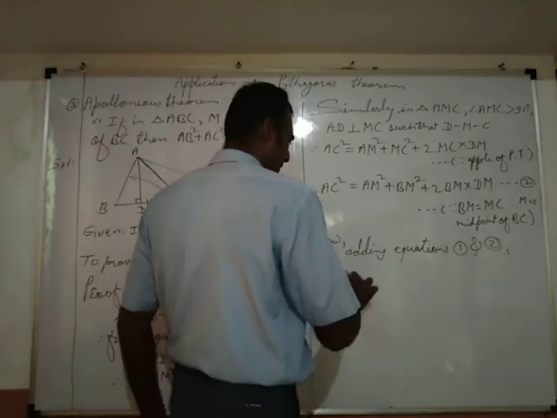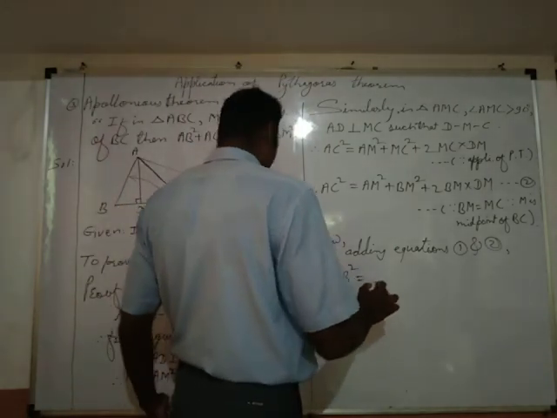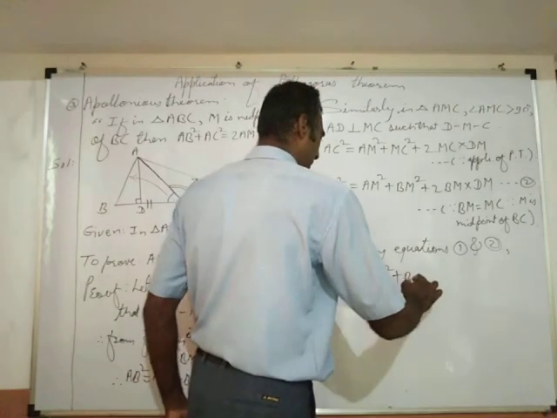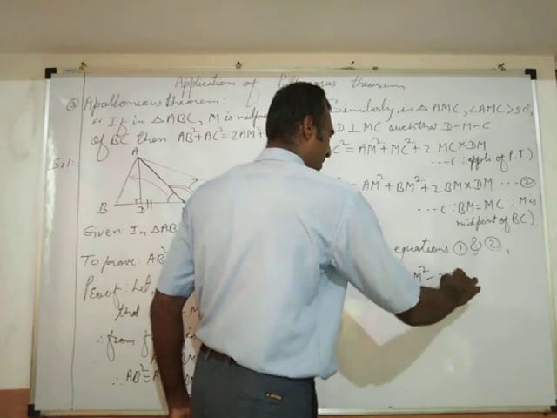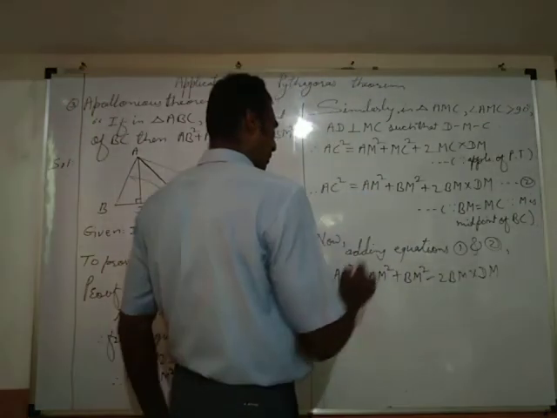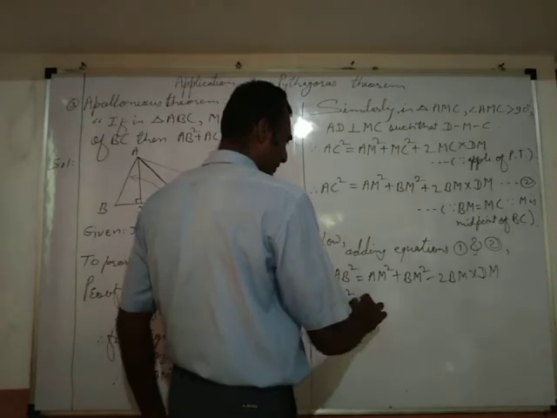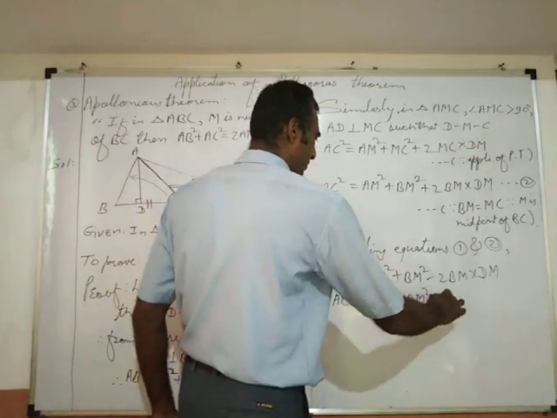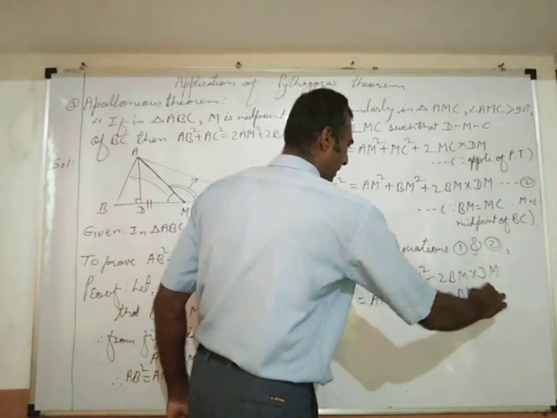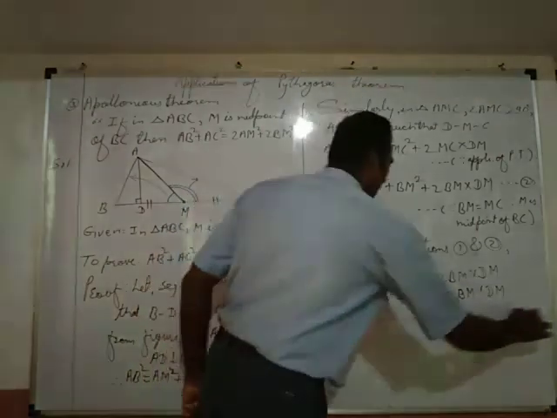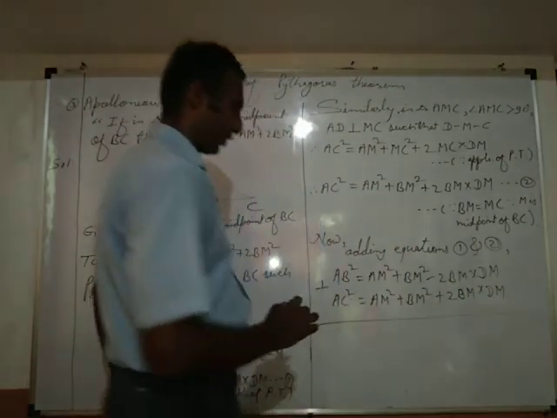Equation 1 is AB square equals AM square plus BM square minus twice of BM into DM, and equation 2 is AC square equals AM square plus BM square plus twice of BM into DM, and we are going to add these two equations.